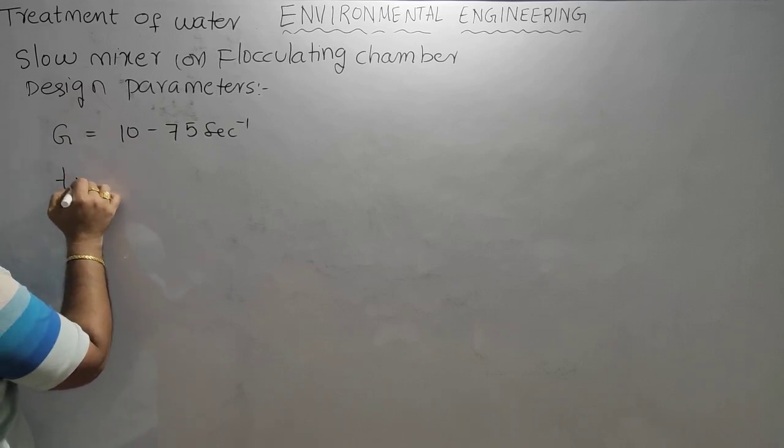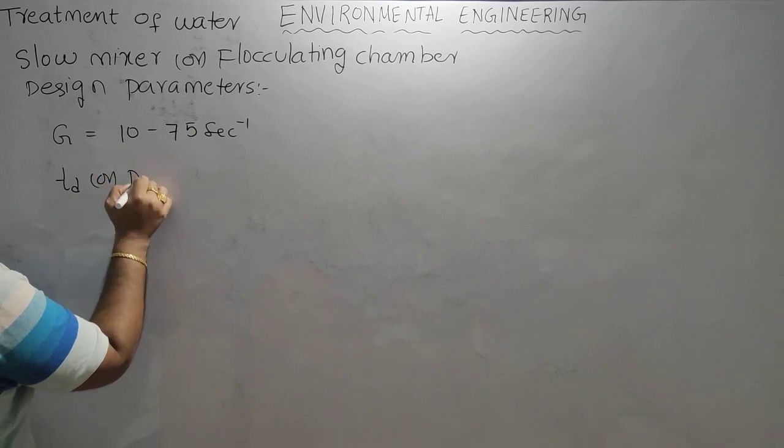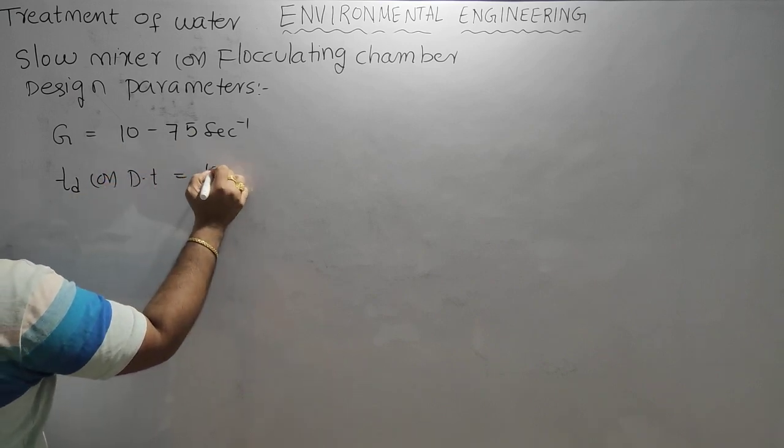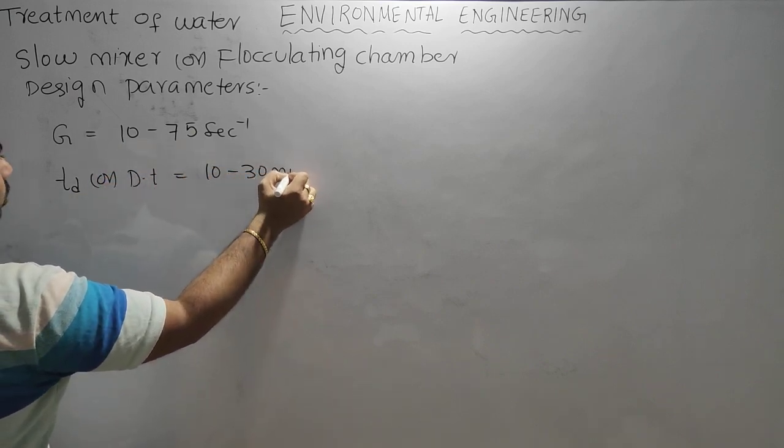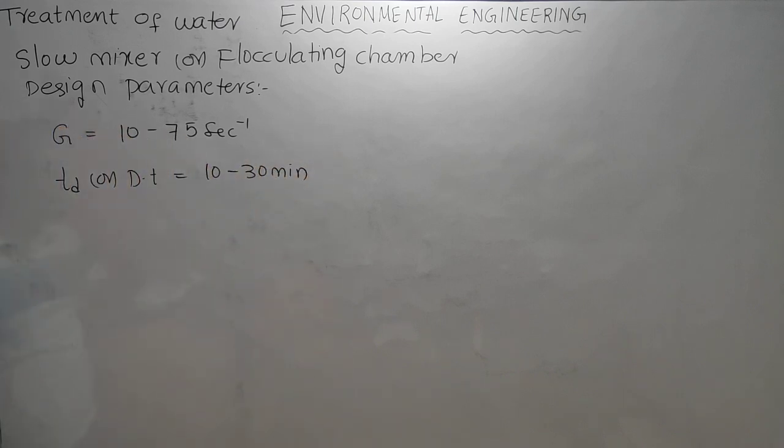And TD or DT, detention time, is 10 to 30 minutes. There it is 30 to 60 seconds. There the time is very less because the G is very high. Here G is very less, that is why TD is very high.